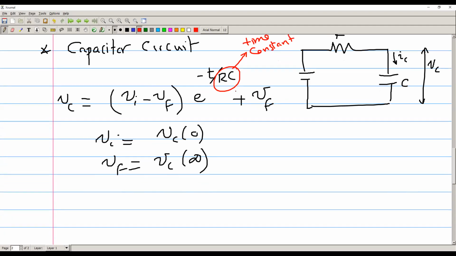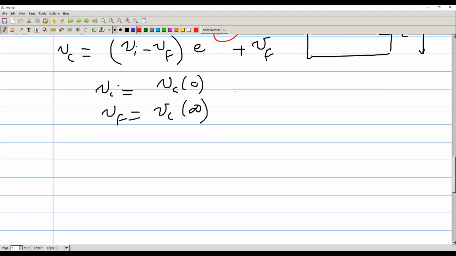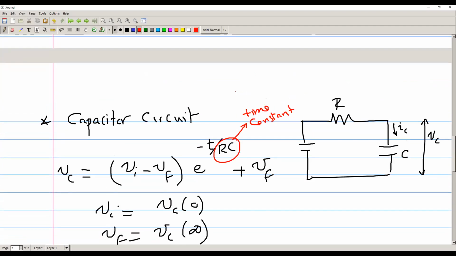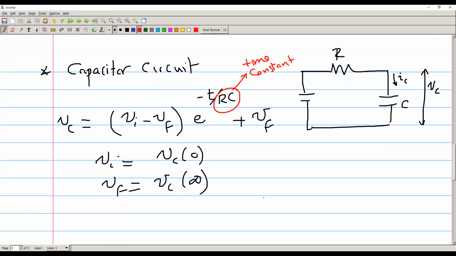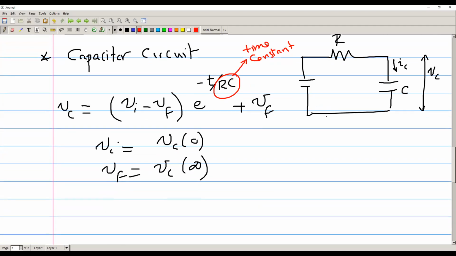Let's take an example, the actual circuit that we saw just a few minutes ago. Let's consider a circuit with 10 volts, a resistance of 1K, and a capacitance of 1 microfarad.